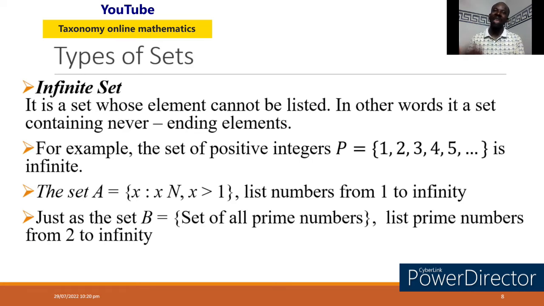So it means that there are infinite numbers that we can state. So it becomes an infinite set: a set whose last element is not known. And we use 3 dots to indicate it. The 3 dots at the back of 5 indicate that the numbers continue.